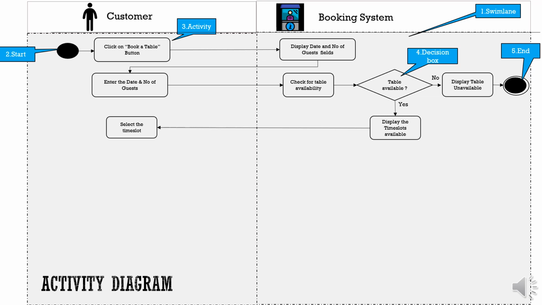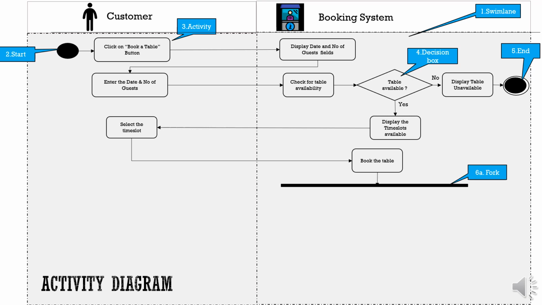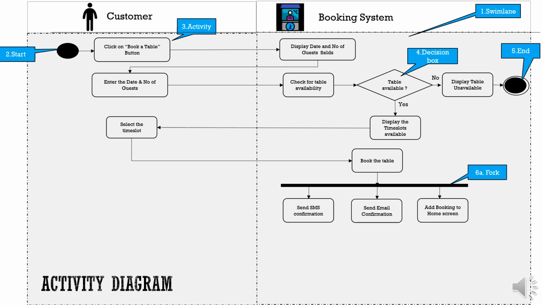The customer clicks on the preferred time slot, then the system needs to book the table on the back end, and once that is done, we have the final component, component number 6, the horizontal bar. We have 2 types. The first one here is called a fork, which indicates splitting of the flow and showcases the parallel activities like the ones listed below.